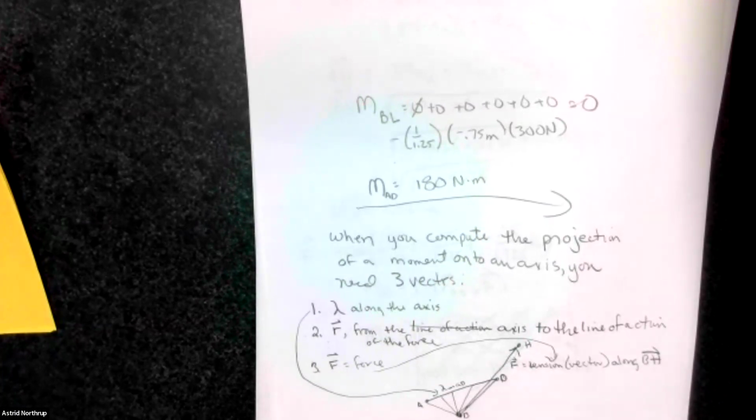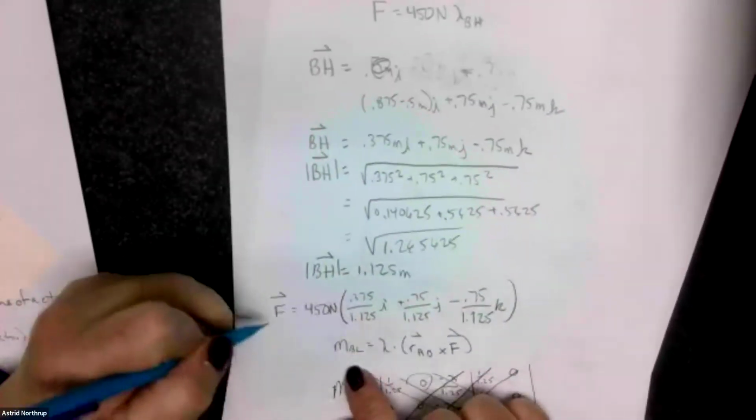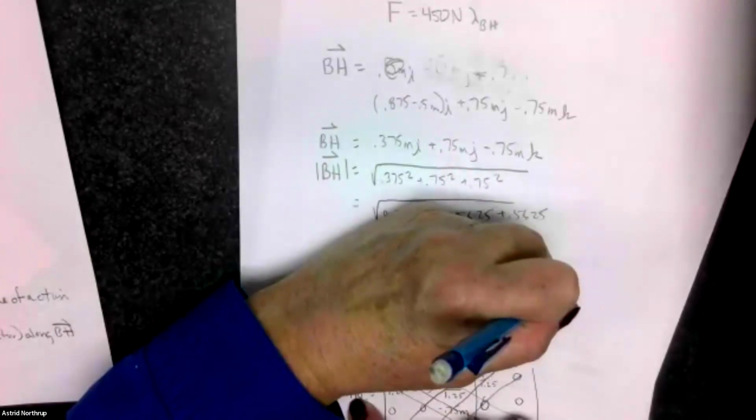I said I would like to go from B to point D because it's easy for me to pick up the dimensions. Not easy enough, because I picked up the wrong force, so I had the wrong R. But B to D would go 0.5 meters in the X direction and negative 0.75 meters in the K direction. So to go back and correct that piece of it, this is correct.